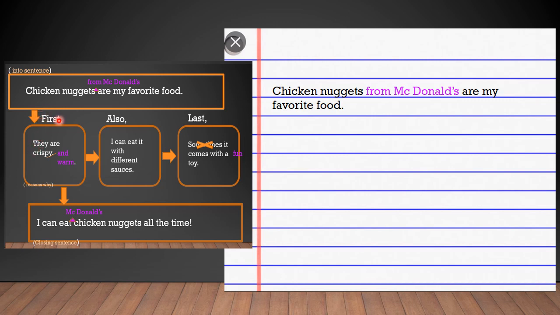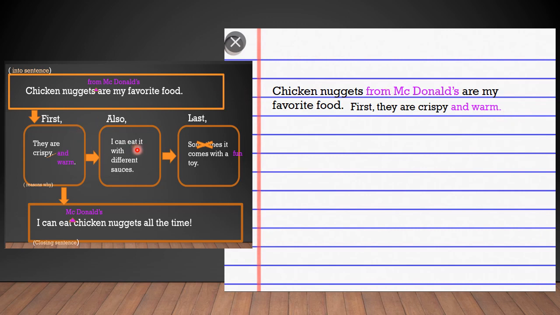So it will be first, they are crispy and warm. So here's first with my comma, capital F. They are crispy and warm. And then I'm going to end it here with a period.